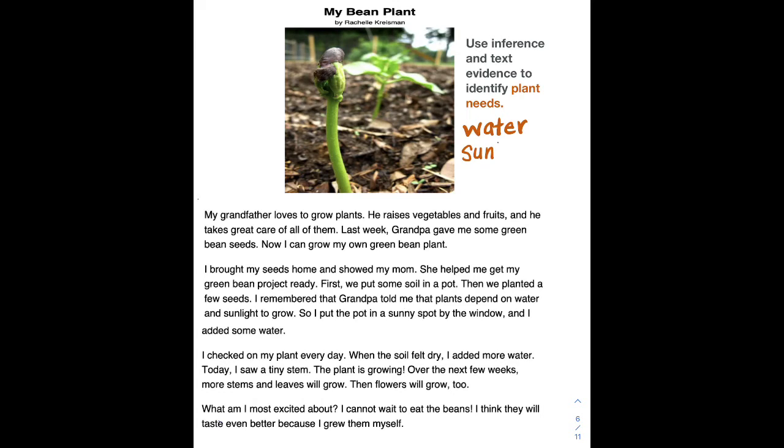Yes, and sunlight. Can you think of anything else that we learned from the passage that they need? Very good. They also need soil. Now, who can find the text evidence to support what we know?